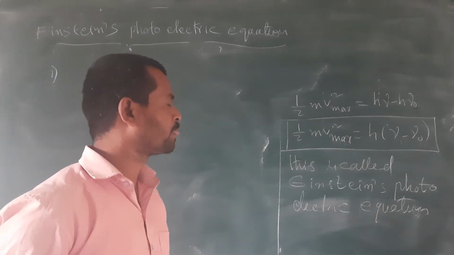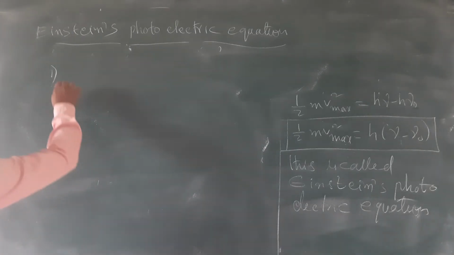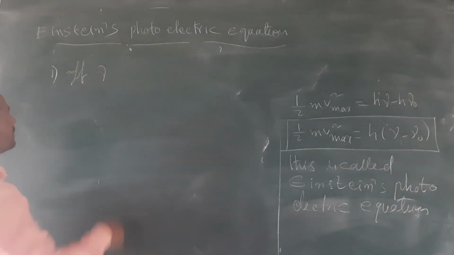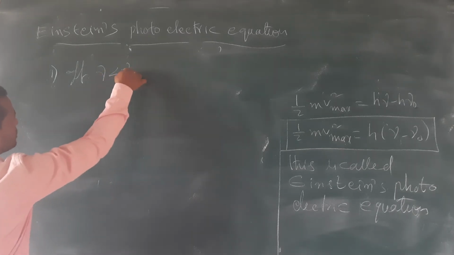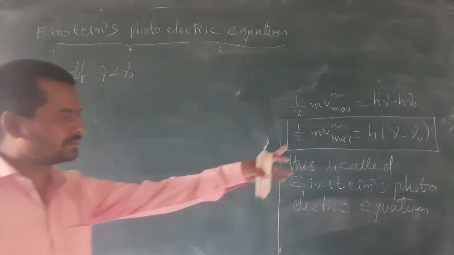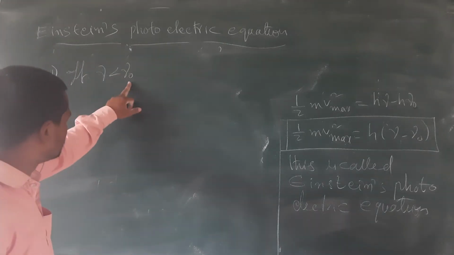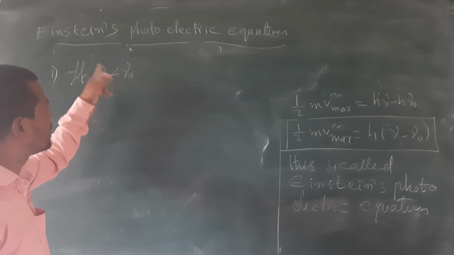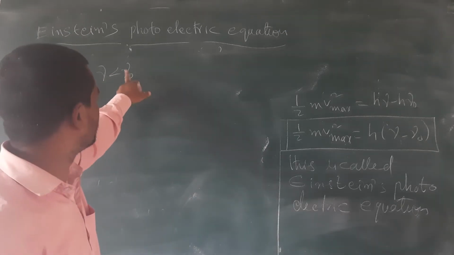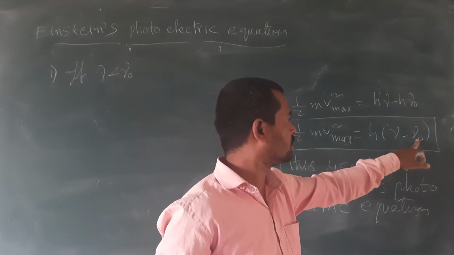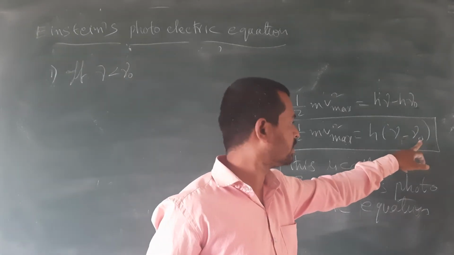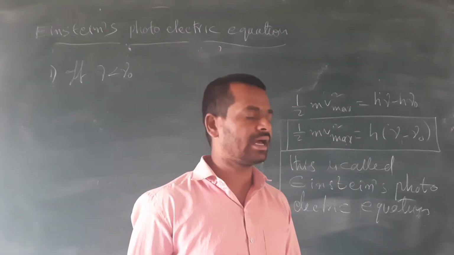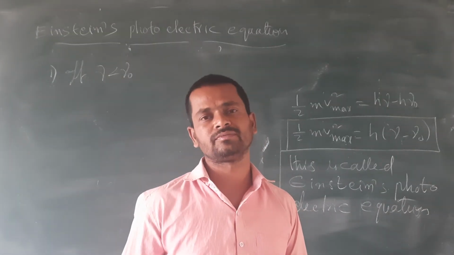If the applied frequency is less than the work function frequency, then what happens? When nu is less than nu naught, the bracket term becomes negative. That means the kinetic energy is negative. Negative kinetic energy is not possible.